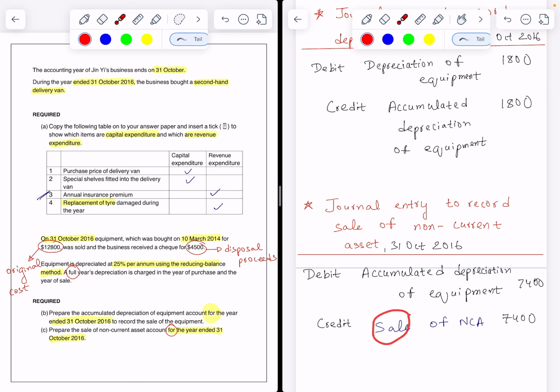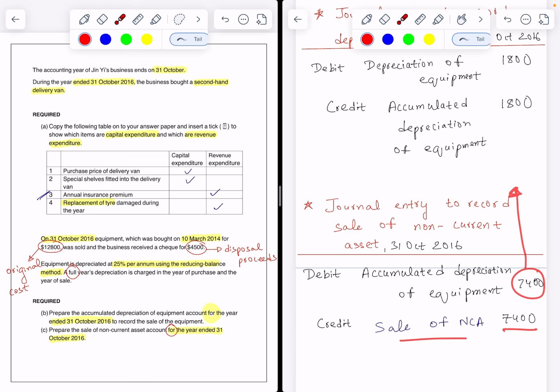So the corresponding credit entry is the sale of non-current asset account by $7,400. All right? And what is 7,400? 7,400 is the total accumulated depreciation we've got so far for the 3 years of usage. We have to remove the entire 7,400 because we are selling this equipment, so we don't have anything in the books. 7,400, as you know, was calculated for year 1, 2, and 3 combined.